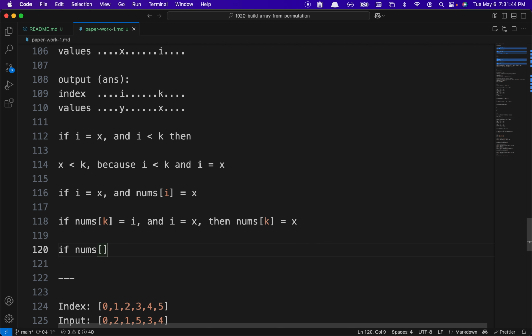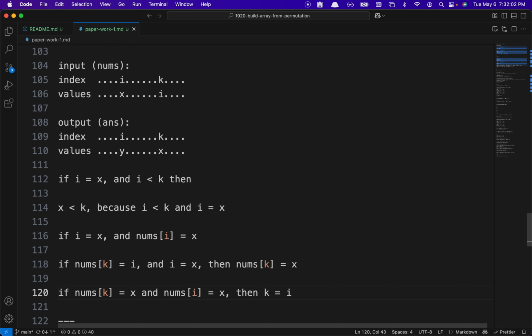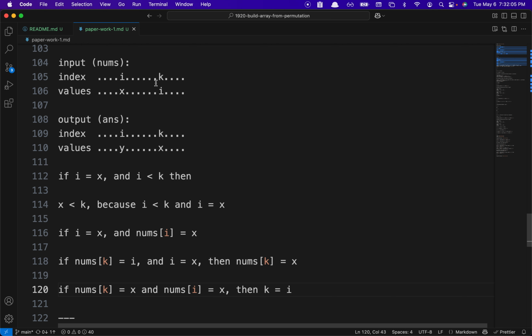If nums of k equal to x and nums of I equal to x, then p equal to I. So let p equal to I and both are equal, and nums of I equal to x, then nums of x is again I.